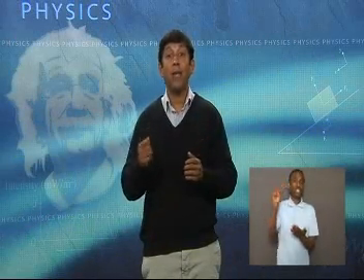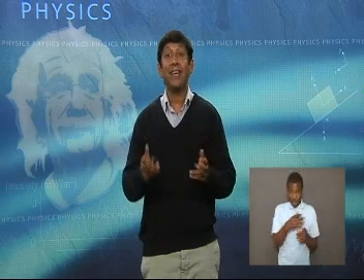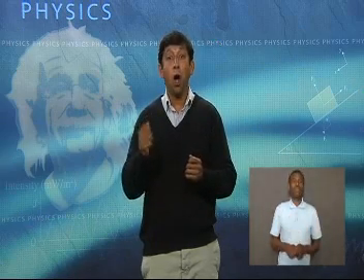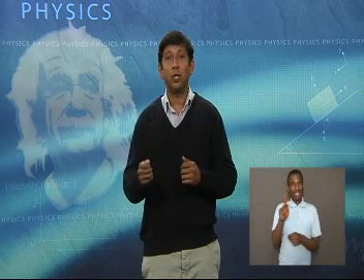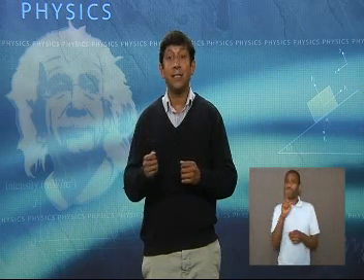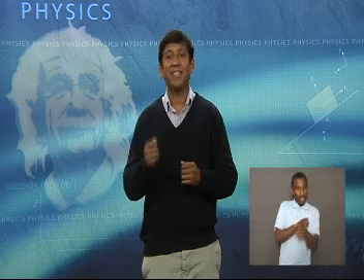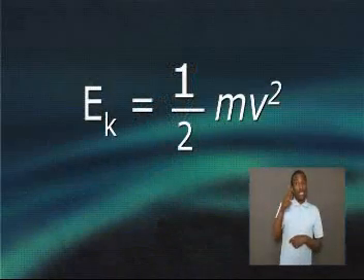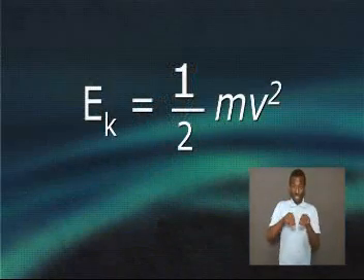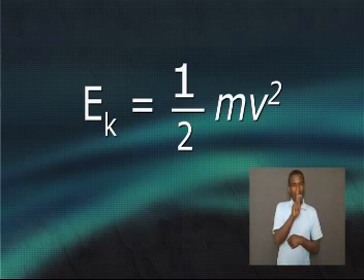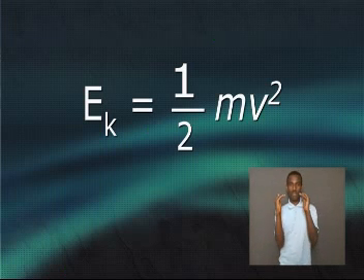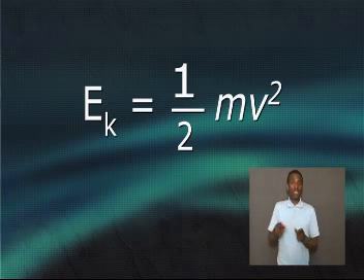As you have already learned, the kinetic energy of an object is the energy that it possesses due to its motion. Kinetic energy is given by the equation energy equals 1/2 the product of mass multiplied by velocity squared.